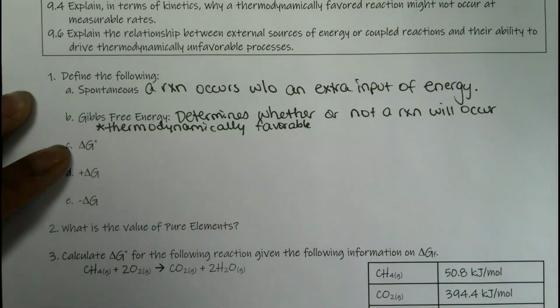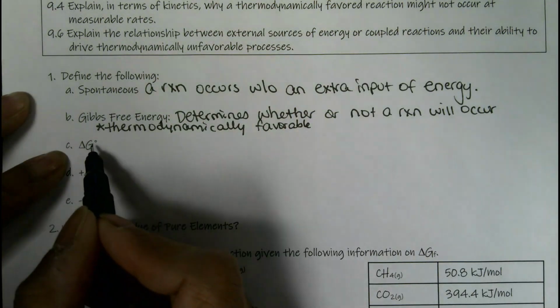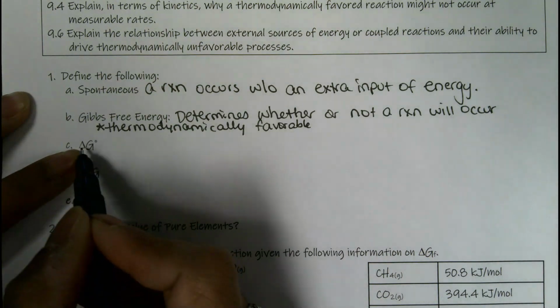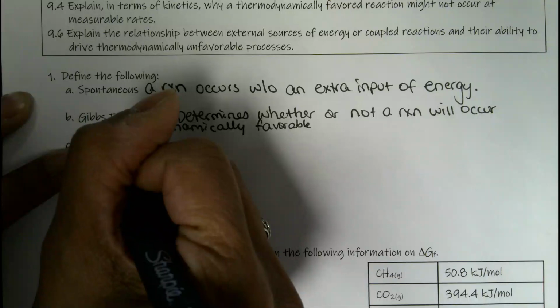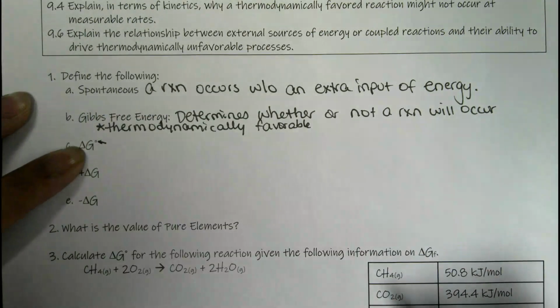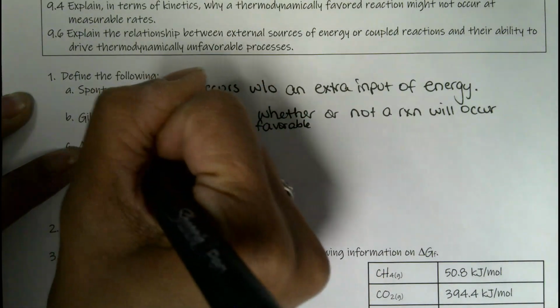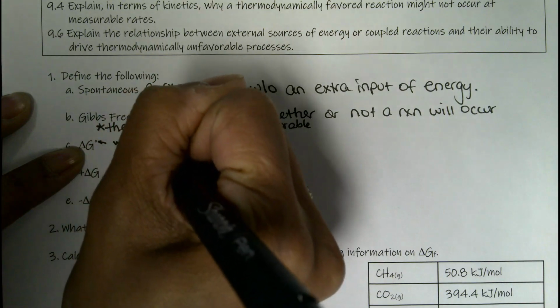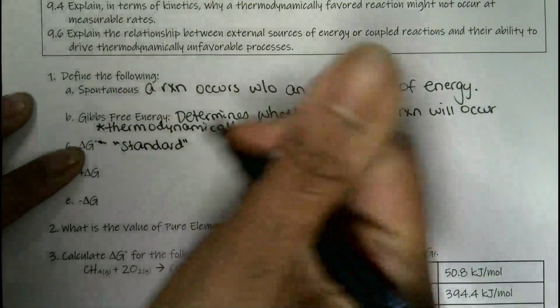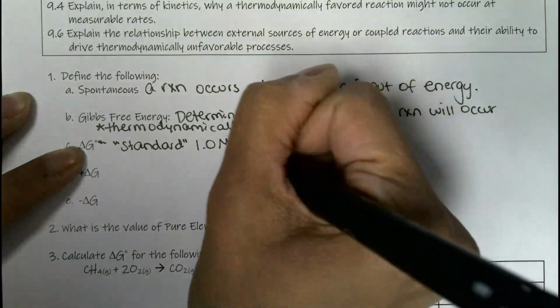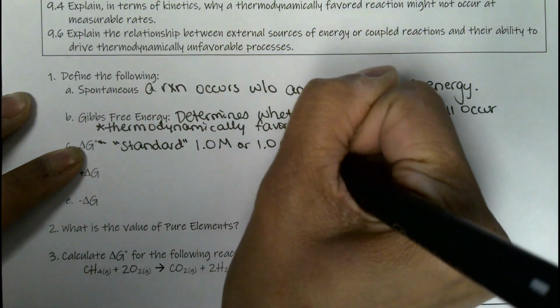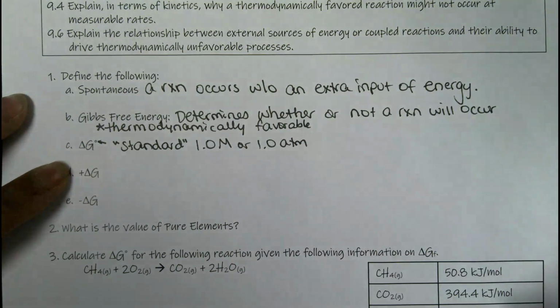So we have to think about our values. We first look at delta G. We know delta G, the change in G, is Gibbs free energy. This little degree symbol, just to remind you, means that it's standard condition. And standard means that it's going to be 1.0 molar if it's a solution, or 1.0 atm if it's a gas.